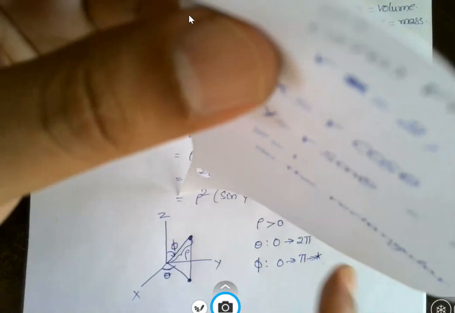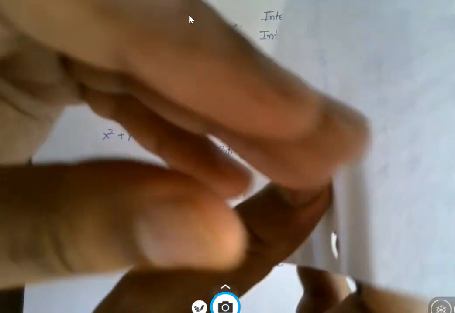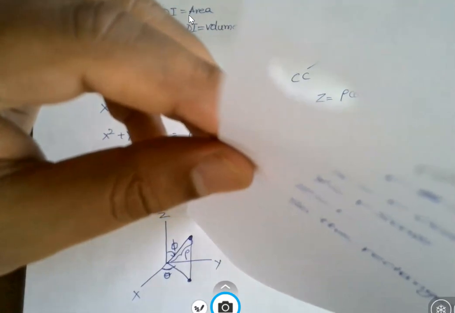If I move my theta like that, that is theta going to 2 pi, but phi is from 0 to pi. Does it make sense? In other words, I just need one semicircle to rotate through 2 pi so that I get a sphere.